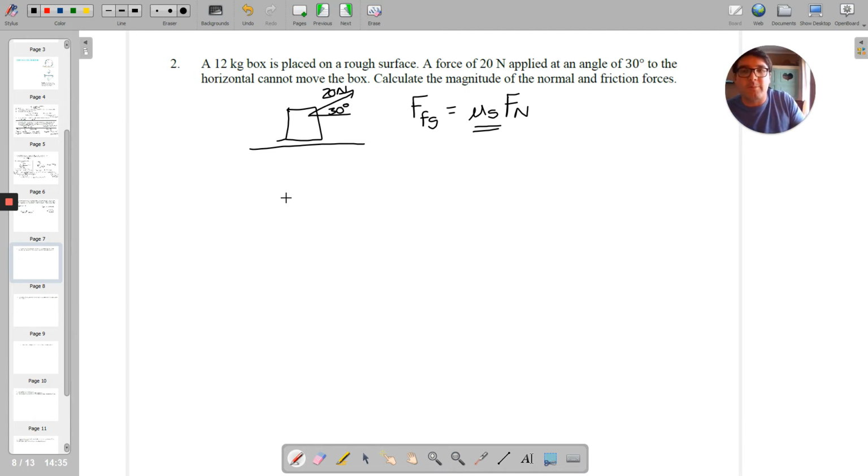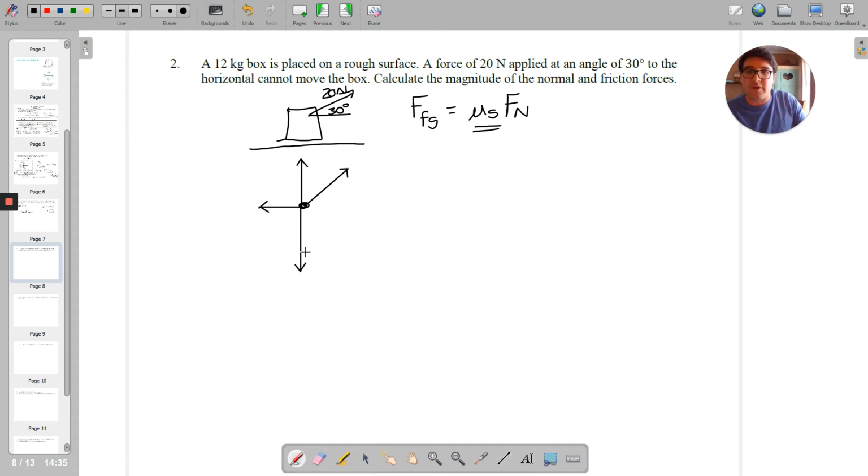Now, let's draw a free body diagram of this situation. In this case, we would have the normal force acting straight up. So that would be our normal force. We would have the weight acting straight down. Then we've got our applied force acting at an angle. Because of the applied force in that direction, we will have a frictional force opposing the horizontal component of the applied force.